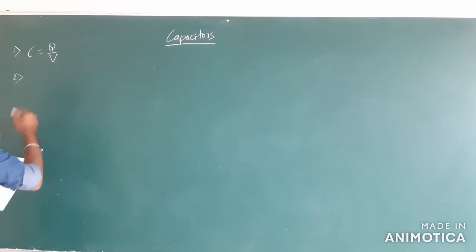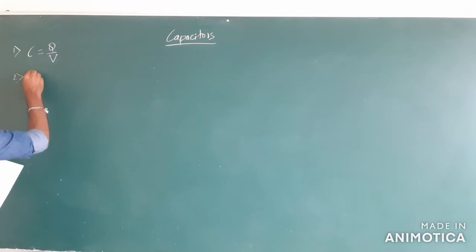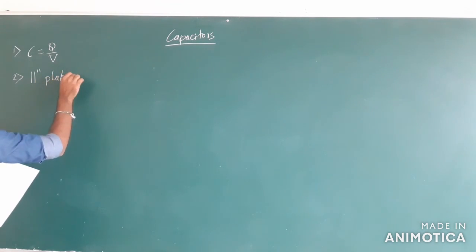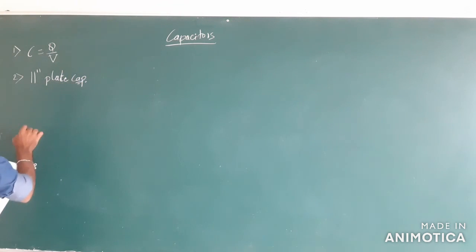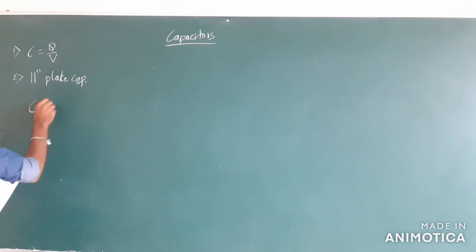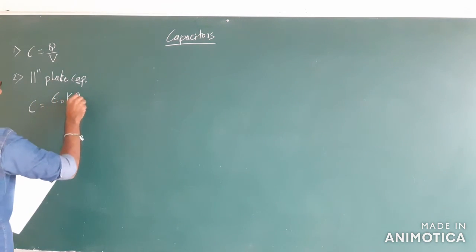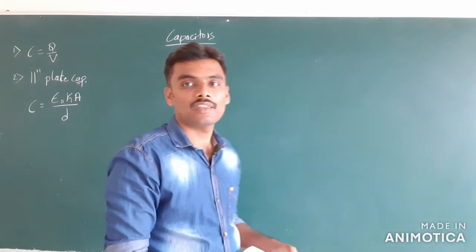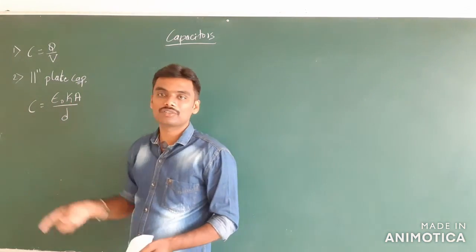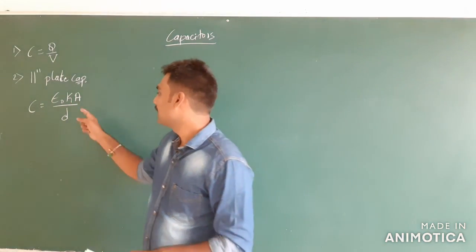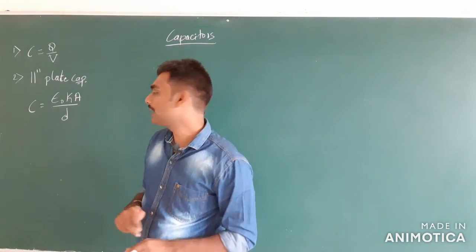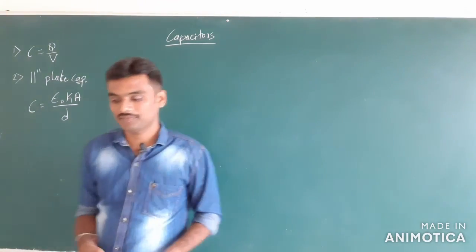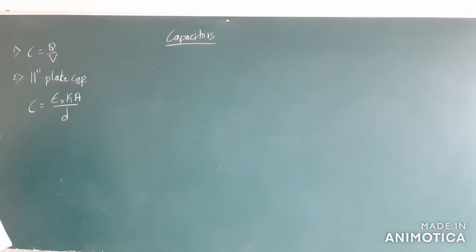And then capacitance of a parallel plate capacitor is given by C is equal to epsilon naught K A by D. Very easy formula which we have discussed and derived, where K is the dielectric constant of the medium introduced between the plates, A is the area of each plate, which are equal, D is the distance of separation between the plates, and epsilon naught is the electrical permittivity of free space.